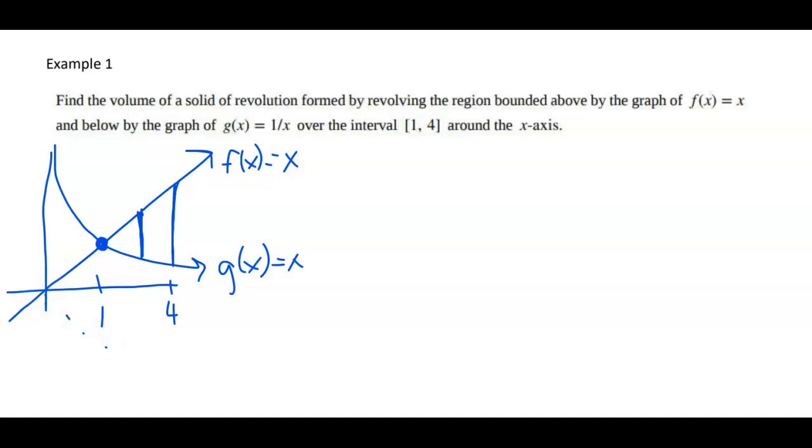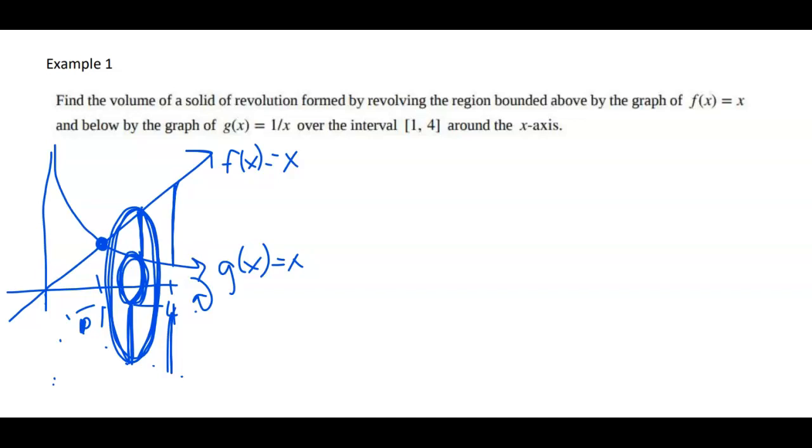Okay, so this is where I like to draw in my little reflection piece. And then I'm revolving around the x-axis. Okay, I'm going to go ahead and draw. There's my little radius. And there's my big radius, right?